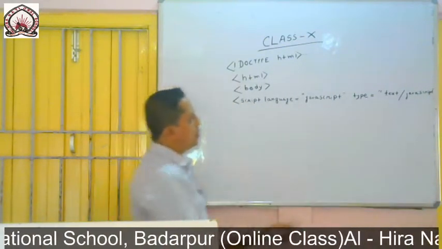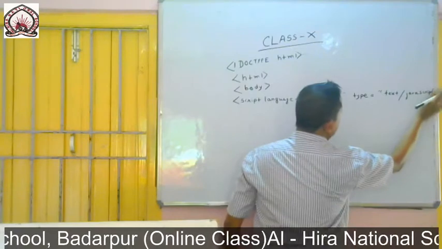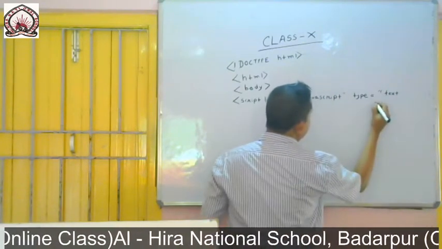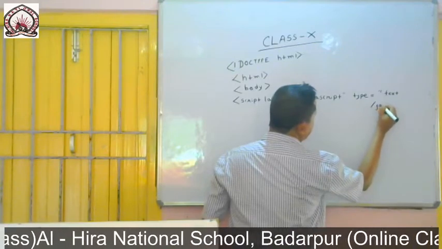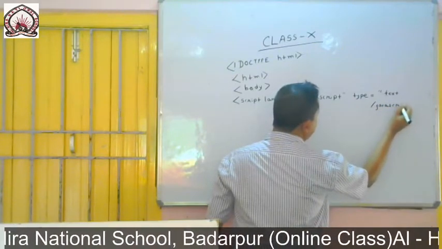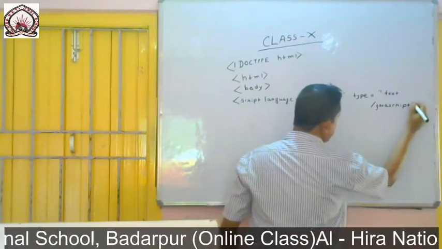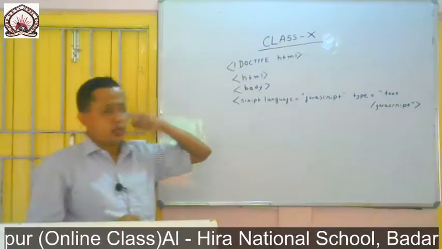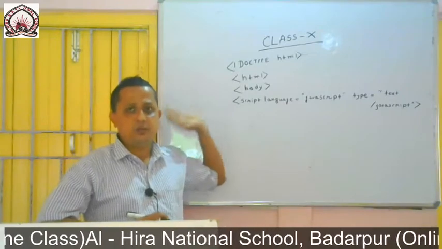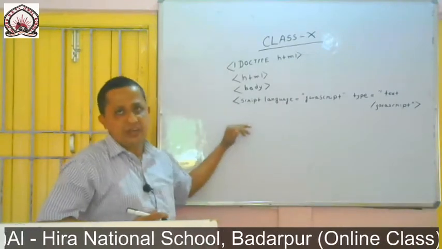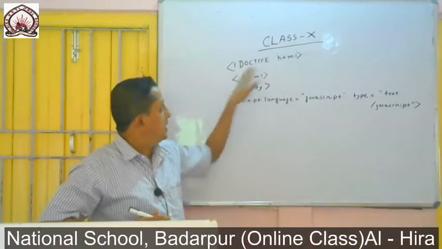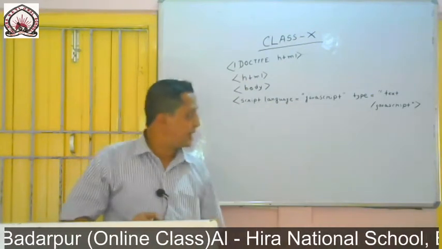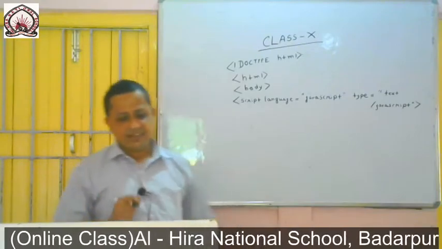It is there in your book also. So these are what we write for every JavaScript program: doctype HTML, html, body, script language is equal to JavaScript, type is equal to text/javascript.